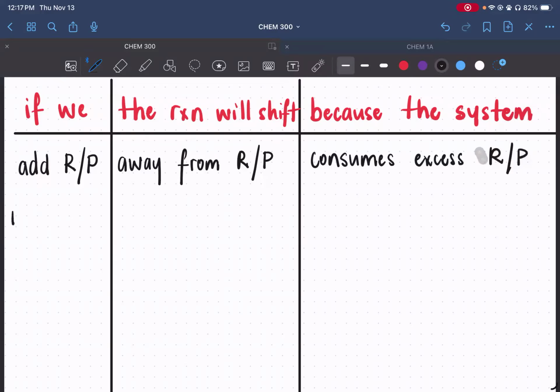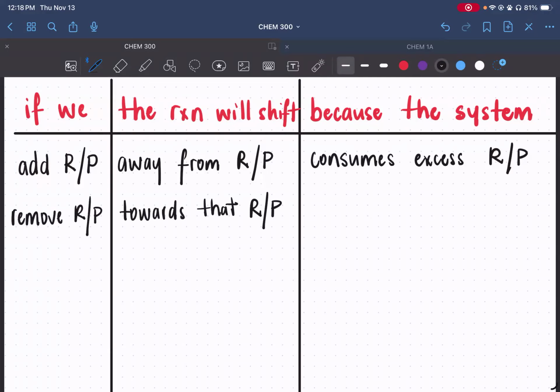So what happens if we remove a reactant or product? Well, if we remove some reactant or product, the reaction will shift towards that reactant or product. So the reaction's at equilibrium, and we decide I'm going to be my worst villain. I'm going to go in that beaker. I'm going to take out some of that product, and I'm going to say, I don't care.